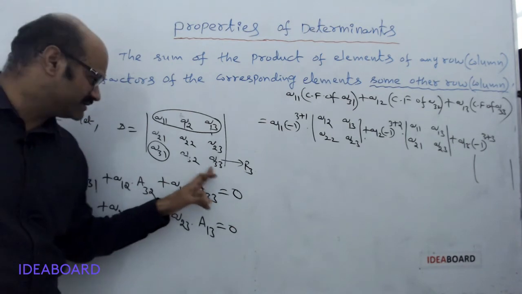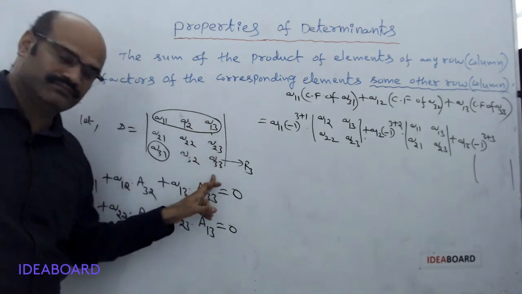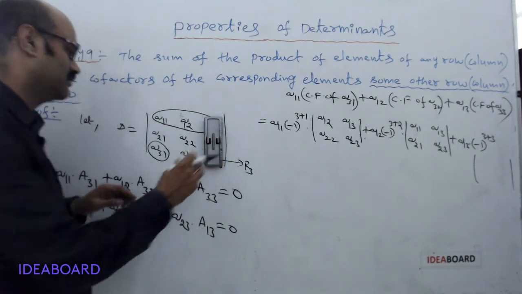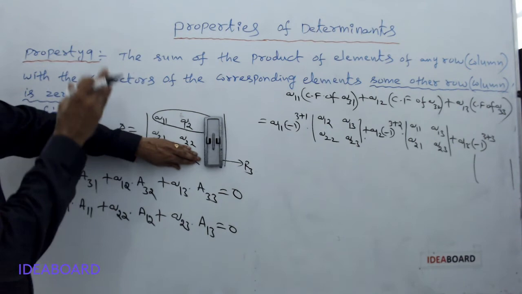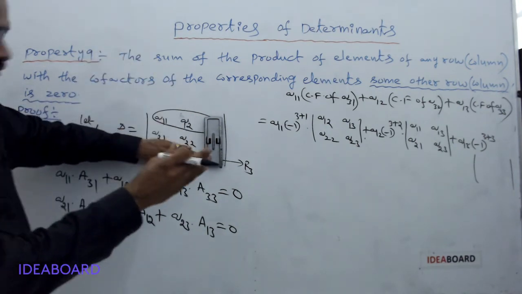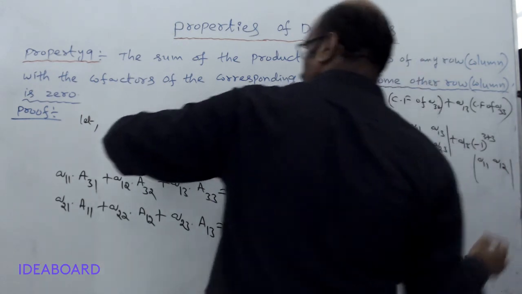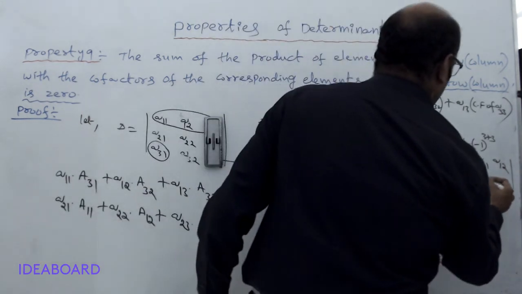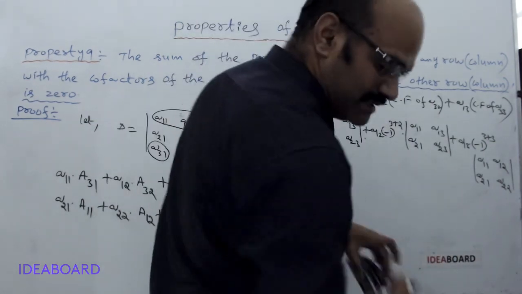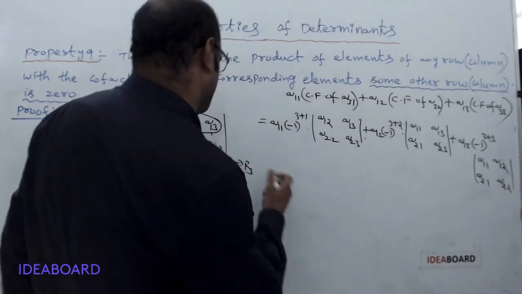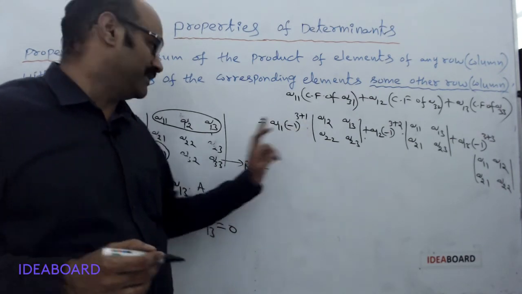The element A33 lies in third row and third column. So close the third column, close the third row. We have to take the remaining 4 elements in a determinant now. So it implies A11, A12, A21, A22. So that it's equal to, here we are getting minus 1 whole power 4 plus only.